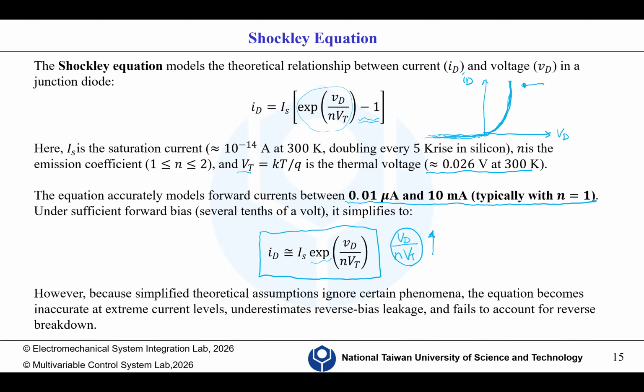But this is how we approximate the characteristic diagram of a diode under forward bias. So remember, the Shockley equation is for forward bias.